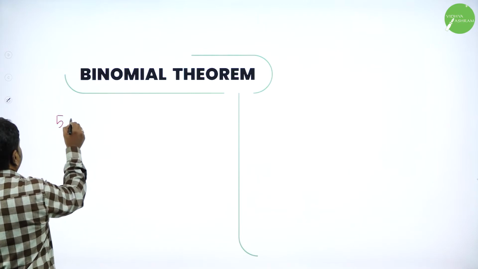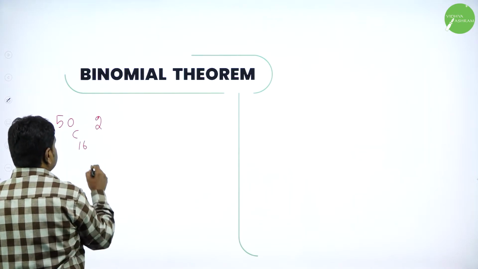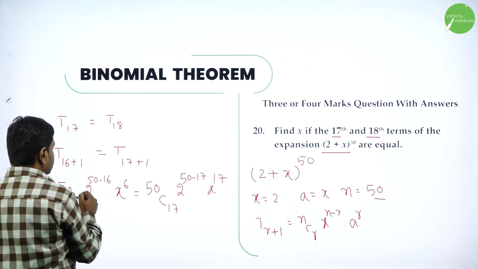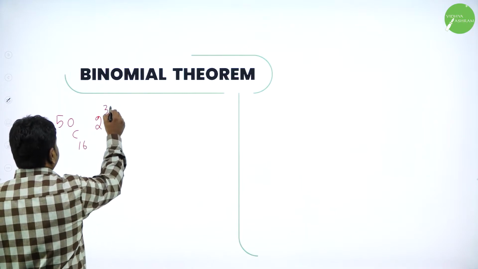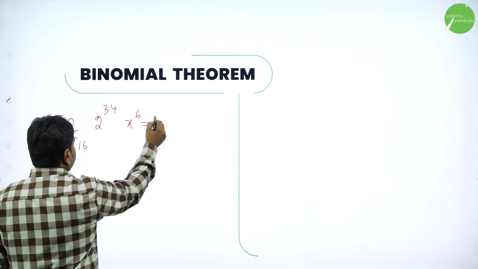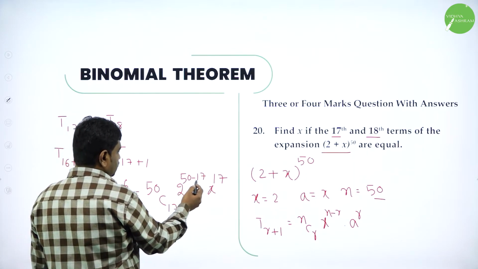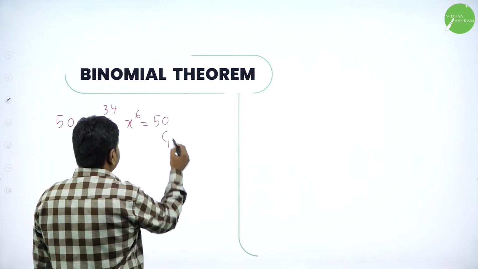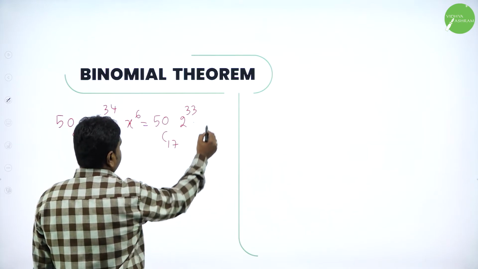I have 50C16, 2 power 50 minus 16, 50 minus 10 is 40, 40 minus 6, 34. And we have x power 16 is equal to 50C17, 2 power 33, x power 17.